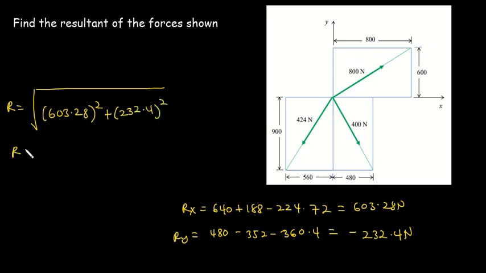So let's simplify this and see what you are going to get. We have the square root of 603.28 squared plus 232.4 squared. This will give us a value of 646.5 newtons as the magnitude of the resultant force.